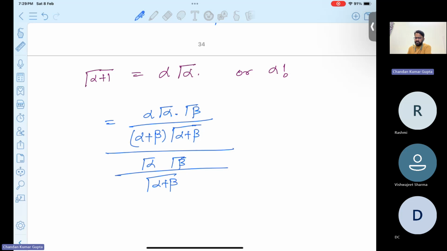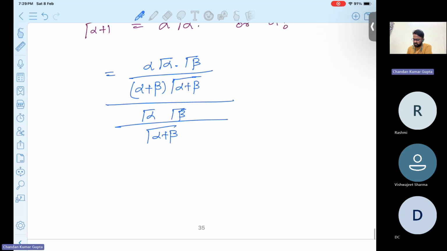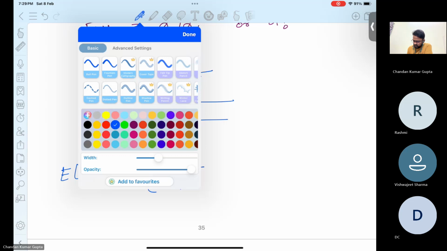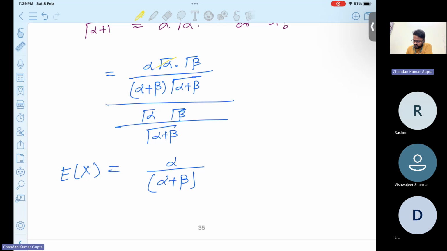And after cancelling the common terms, we will get the expectation of x as alpha upon alpha plus beta. Because we can see here, this quantity, this quantity, this quantity are cancelling out.